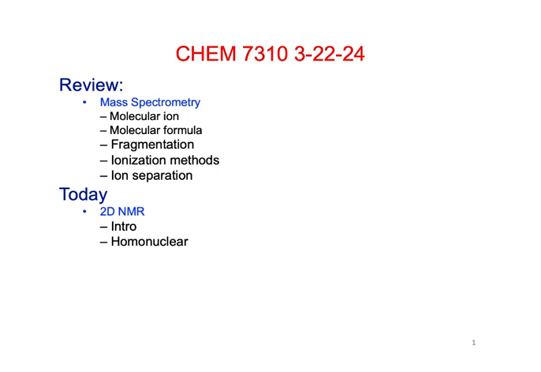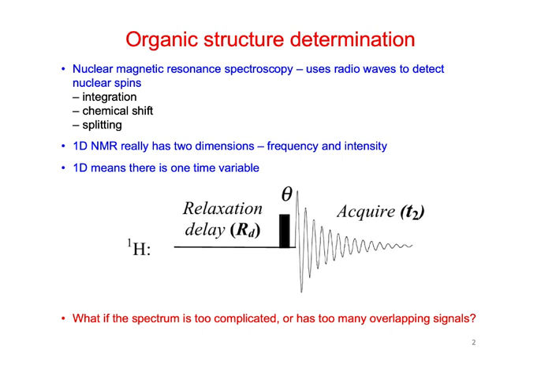And then we'll introduce some experiments, and then we'll start applying. All right? So, what we've learned so far using NMR is that it uses radio waves to detect nuclear spins. The type of information that we gain from proton NMR spectra was the integration.